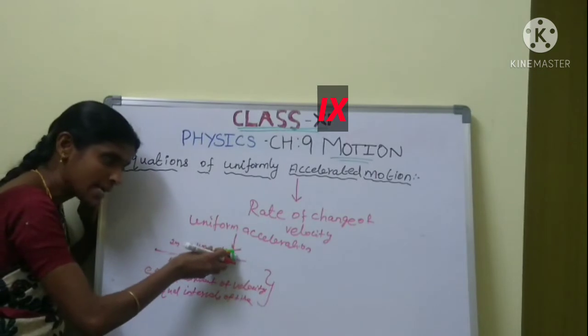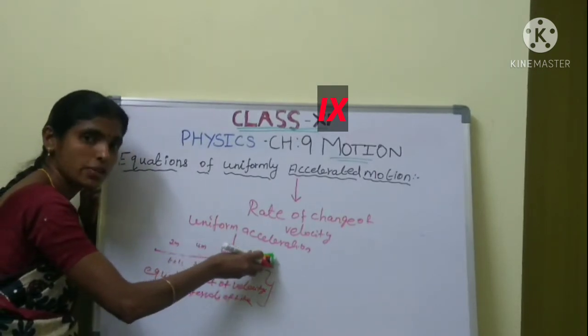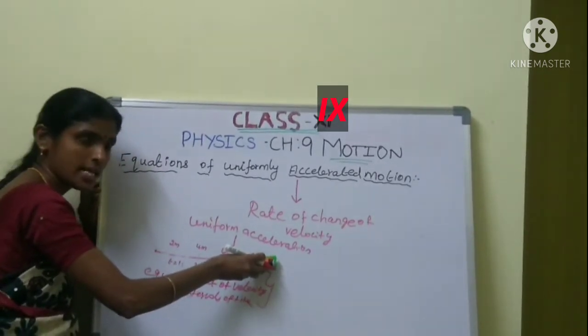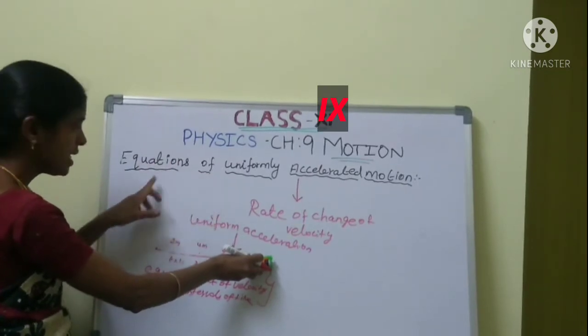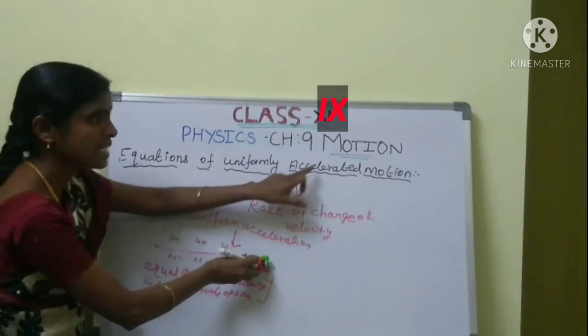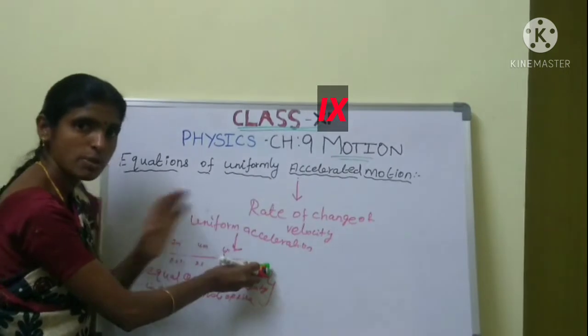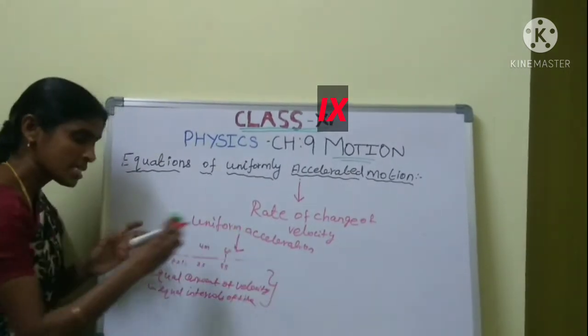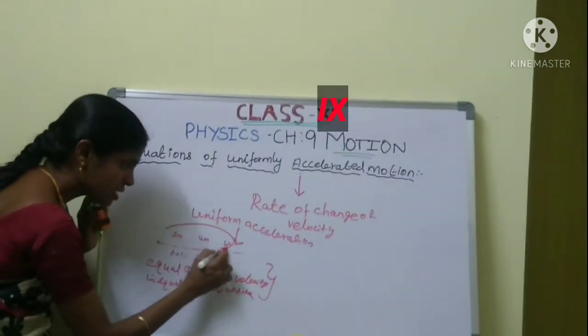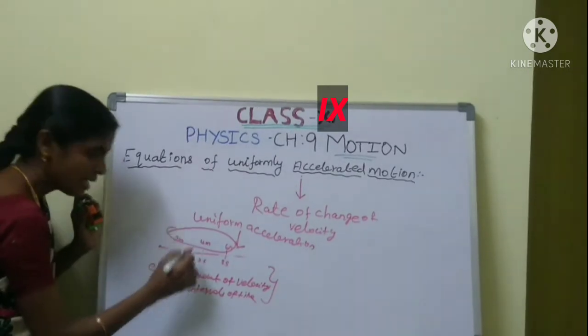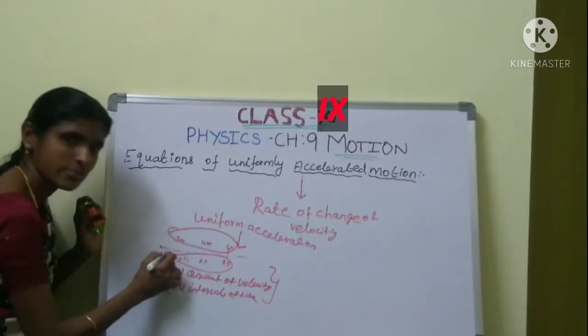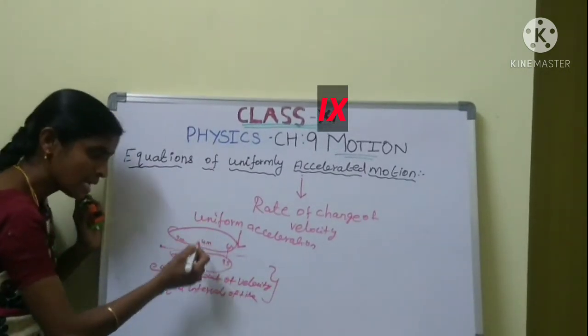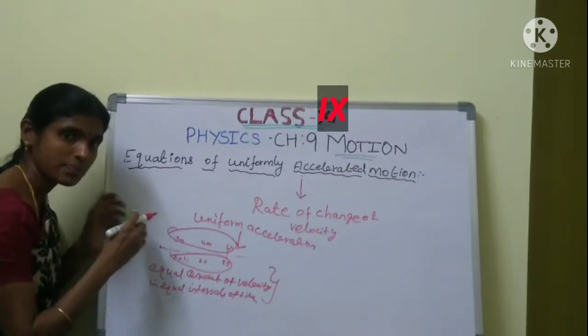That car contains three types of equations. That is the question: equations of uniformly accelerated motion. What is uniformly accelerated motion? It is nothing but equal intervals of velocity in equal intervals of time.